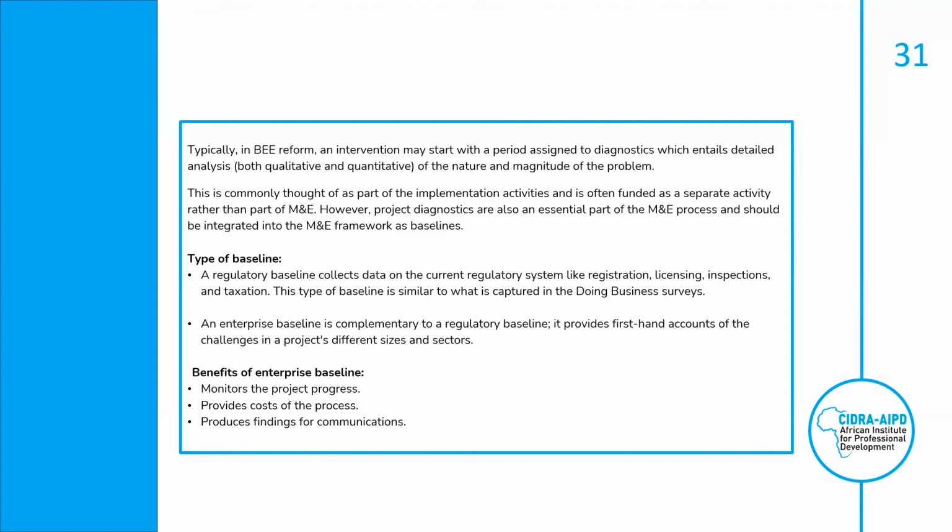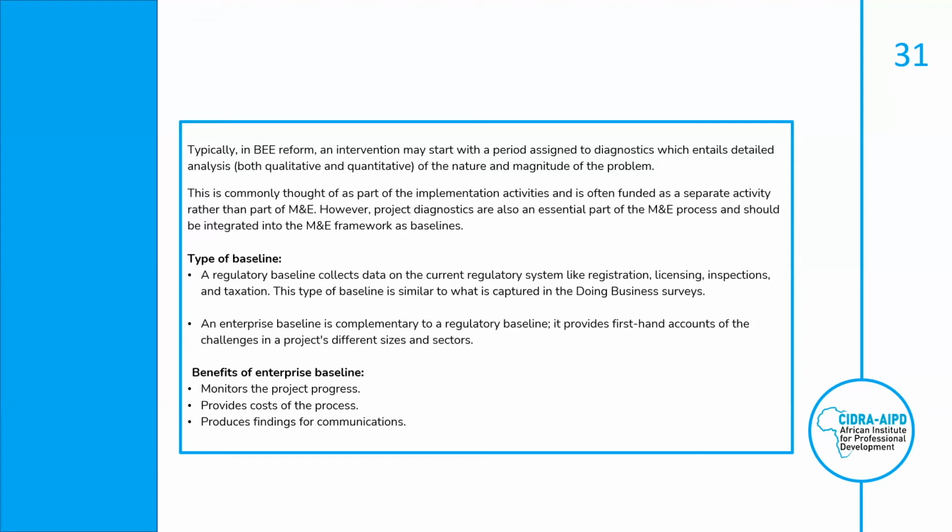Types of baselines. A regulatory baseline collects data on the current regulatory system, like registration, license, inspections, taxation. This type of baseline is similar to what is captured in the Doing Business survey. An enterprise baseline is complementary to a regulatory baseline.